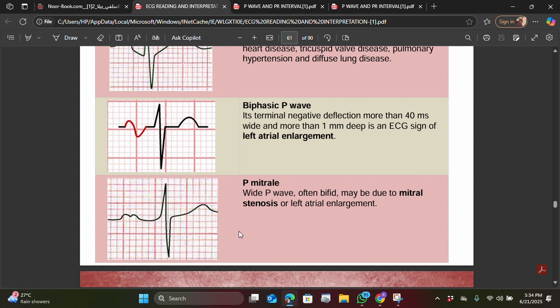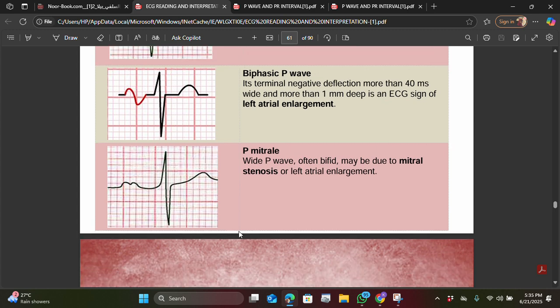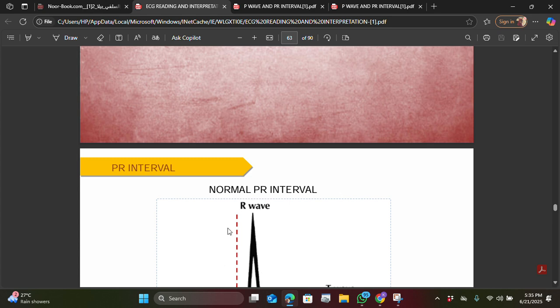It's due to mitral stenosis or left atrial enlargement. P pulmonale is due to right atrial enlargement. P mitral is due to mitral stenosis or left atrial enlargement. P pulmonale is a tall P wave. P mitral is a wide P wave. So that's everything you actually need to know about P wave.